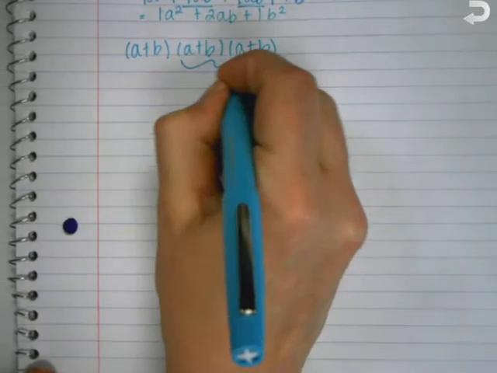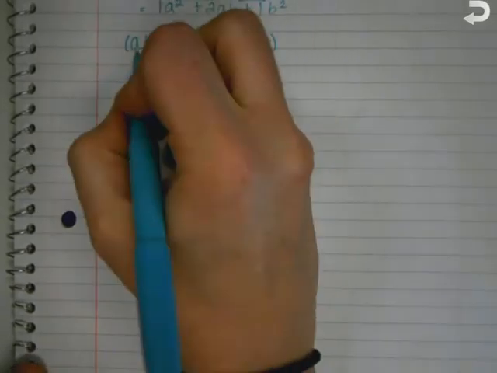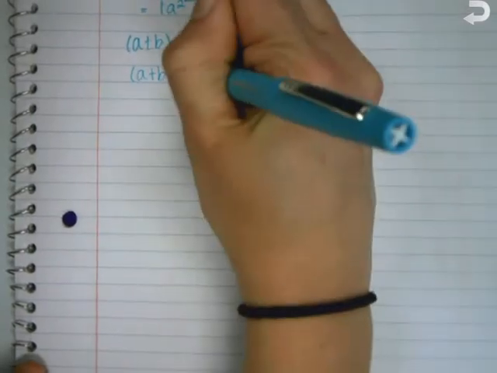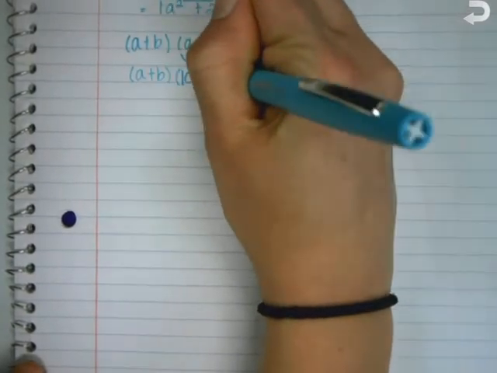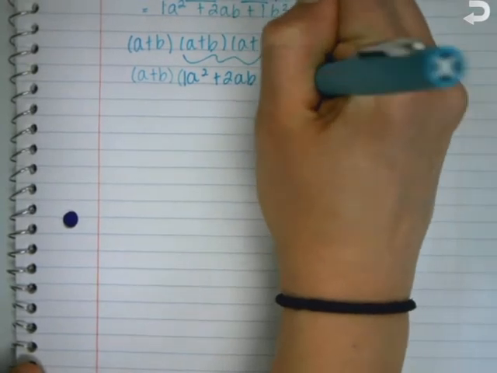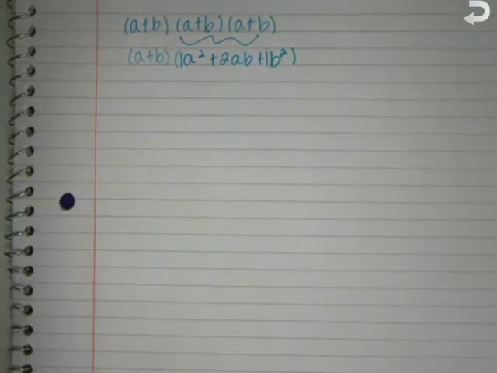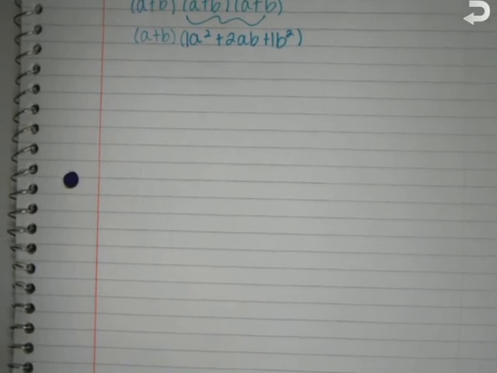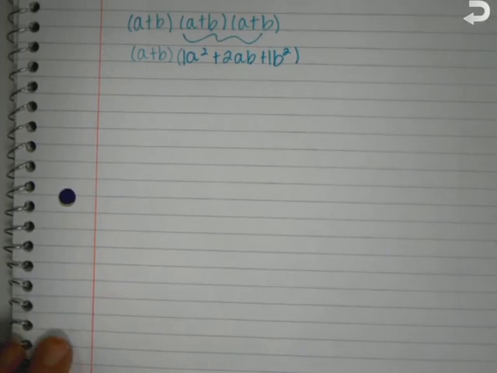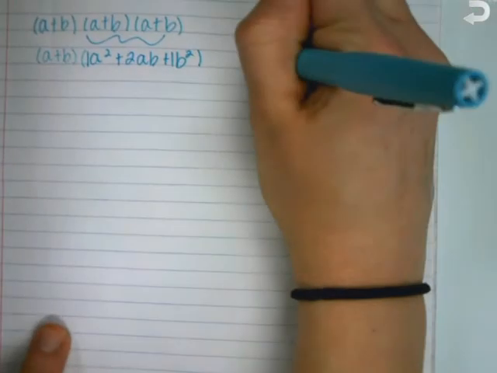So this is the same as a plus b times 1a squared plus 2ab plus 1b squared. You guys okay with that so far? Okay, so then we can FOIL again or use the boxes if you want to. Let's use the box this time.